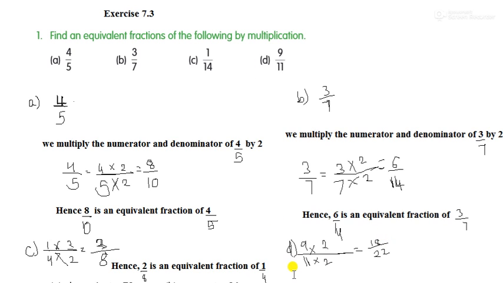So hence 18 by 22 is an equivalent fraction of 9 by 11.